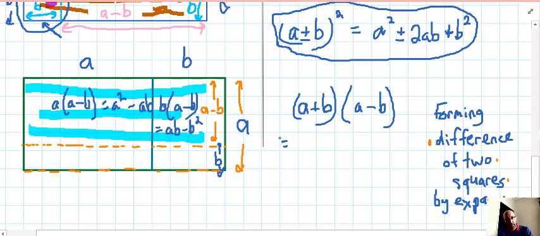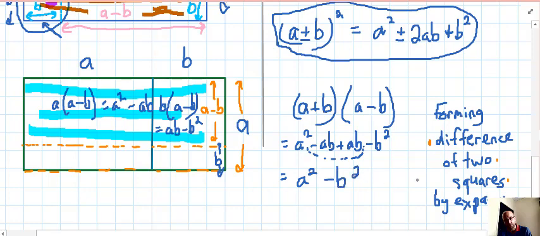So let's add those two together. We've got a squared minus ab plus ab minus b squared. Now these two in the middle are equal and opposite, so they come to 0. So all we've got is a squared minus b squared, and that's the difference of two squares. So that's the important result. That expanded out will give the difference of two squares, a squared minus b squared.